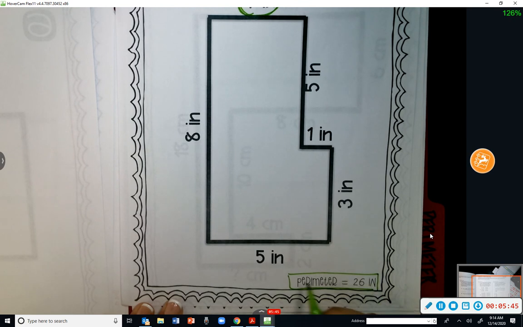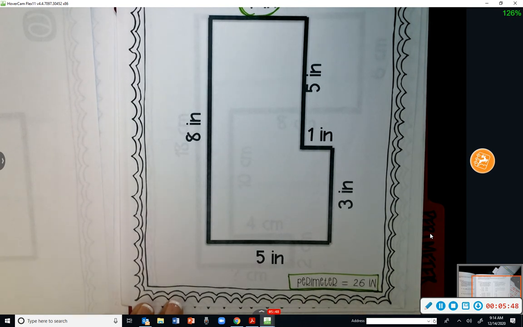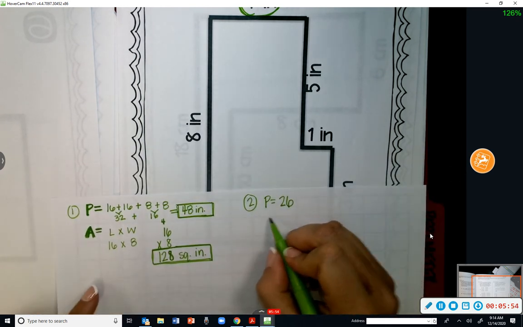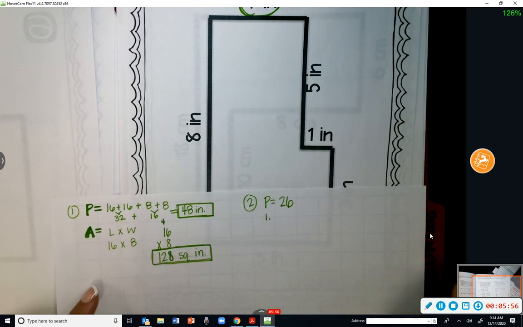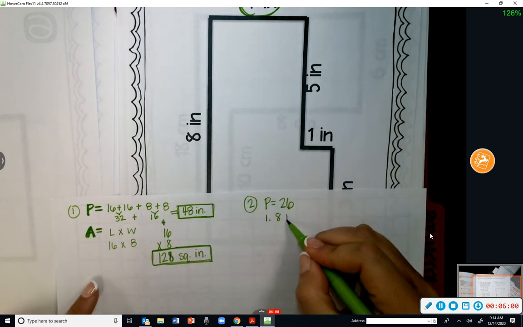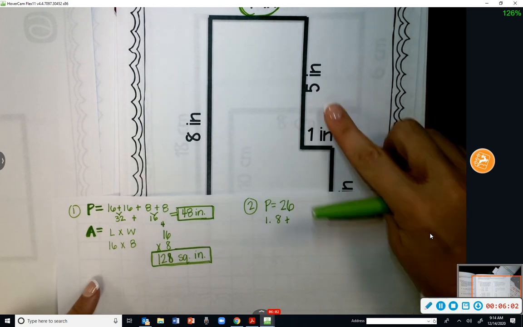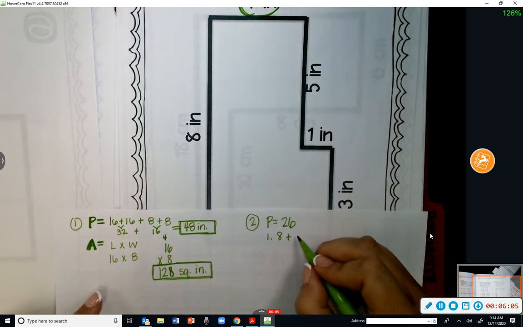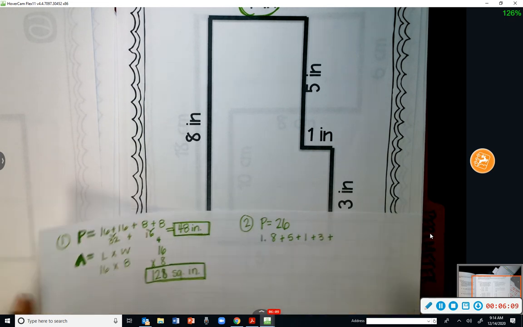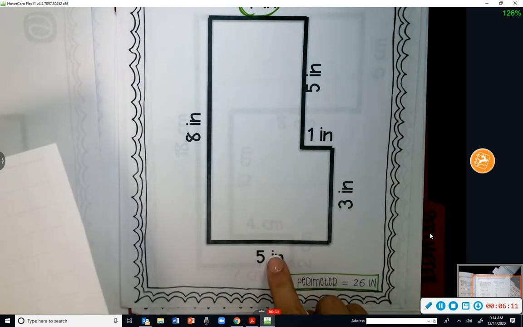Kaylee, you remember what to do? You have to add the sides you know. Very good. We add the sides we know. So that's the first step. I have an 8, 5, 1, 3, and then down here, another 5.